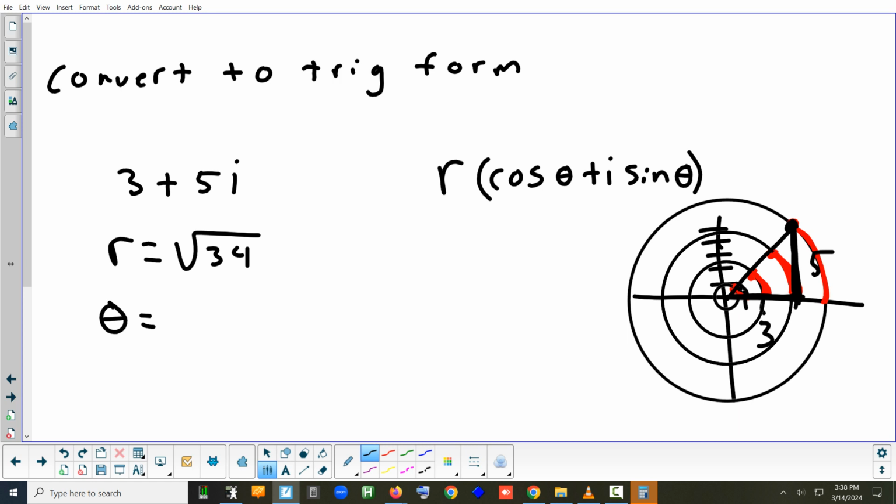So the tangent of theta, which is right here, my angle, would equal what over what? 5/3. So then what would my angle equal?